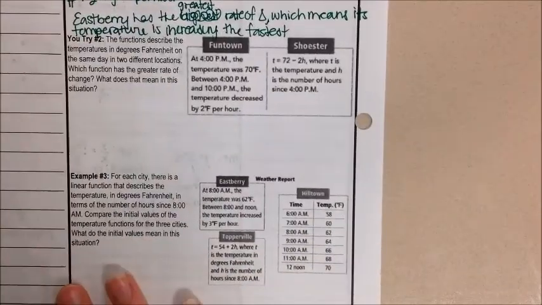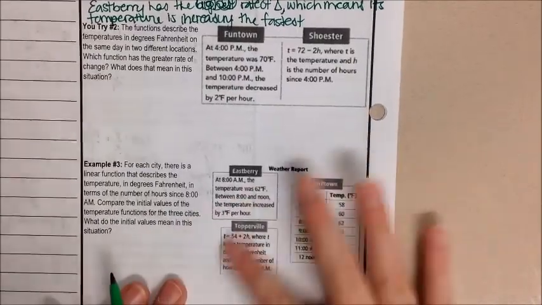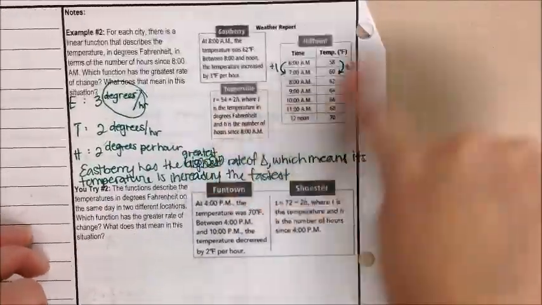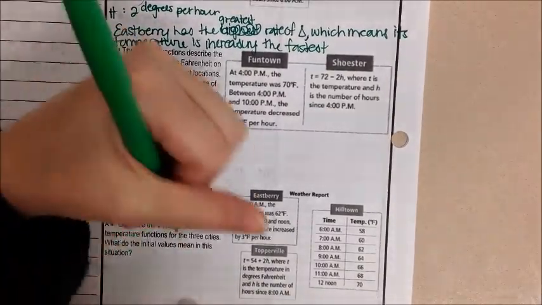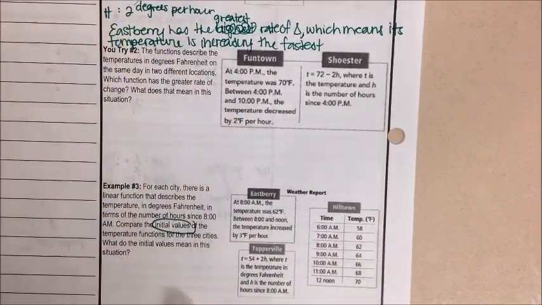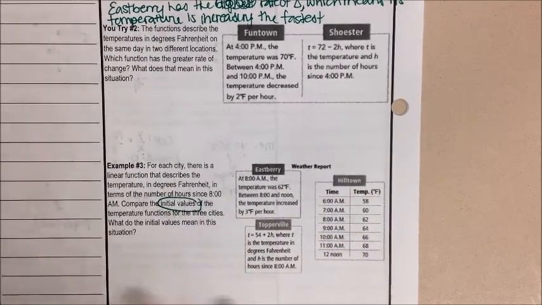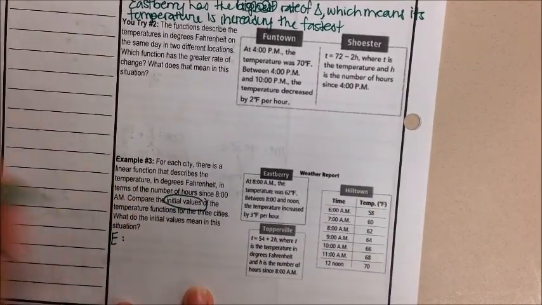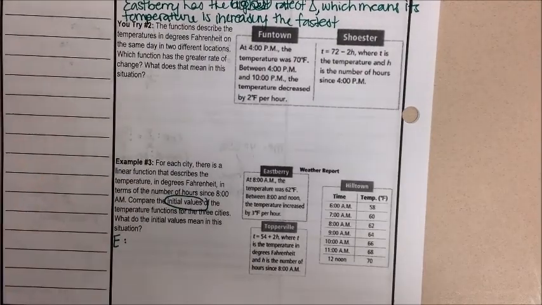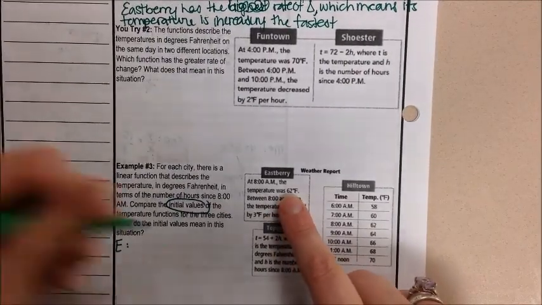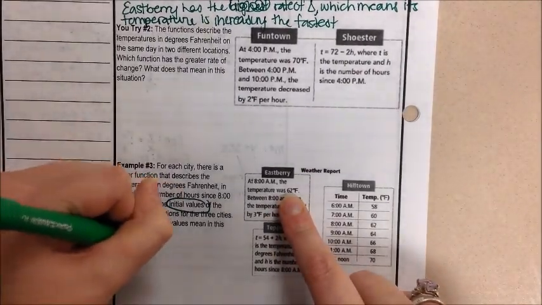Okay, example number 3. It's the same 3 cities we were looking at before, but now it's asking us to compare the initial values and what that means in this situation. For Eastbury, Eastbury's starting temperature was 62 degrees.